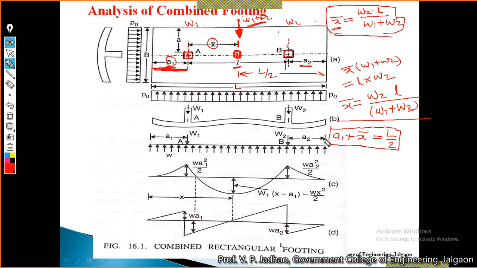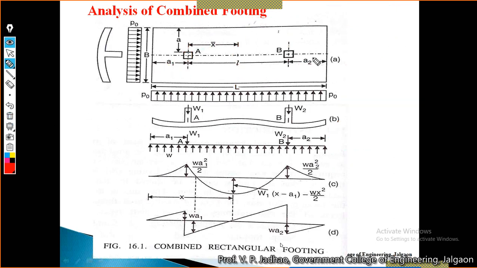Okay. And again, if we see from the right side, then we can say that this is A2 and this is L. So if we deduct the distance X bar from L plus A2, then we will get this distance, which will again be L by 2.